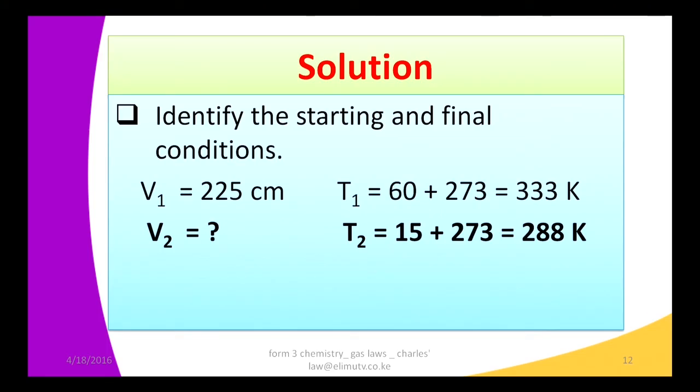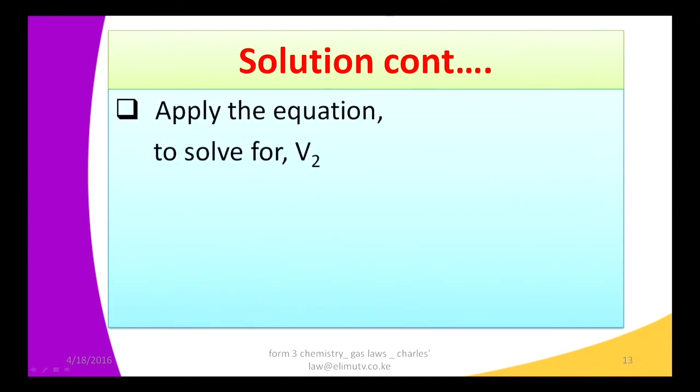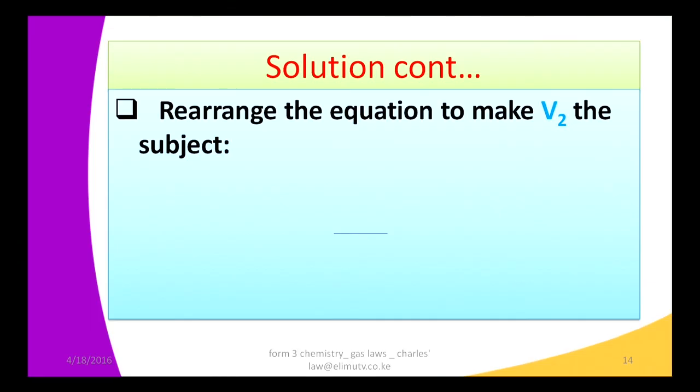Then we proceed. The next step is to apply the equation to solve for V2. Our volume 2 is what we have to solve for. So which equation do we apply? V1 over T1 equals V2 over T2. Then you rearrange the equation to make V2, the volume 2, the subject of the formula: V2 equals V1 times T2 all divided by T1.